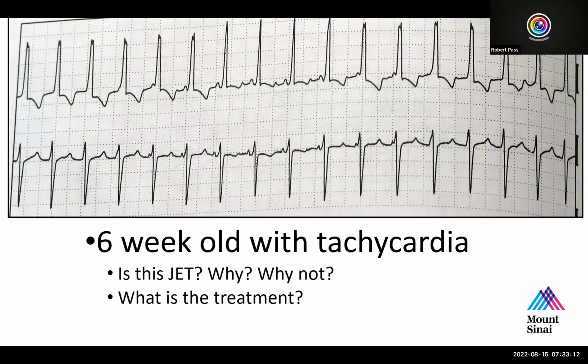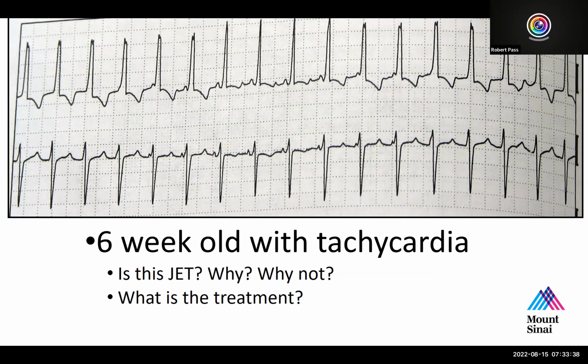Definitely, you would want to look at the function to be sure that there's not dysfunction on the basis of a tachycardia-induced cardiomyopathy. You could look for these little Purkinje tumors, which I've never seen in any patient in my career, but that may just reflect that I've never been in a center big enough to see that, although I have been in some big centers. But the bottom line is, yes, you would do that.